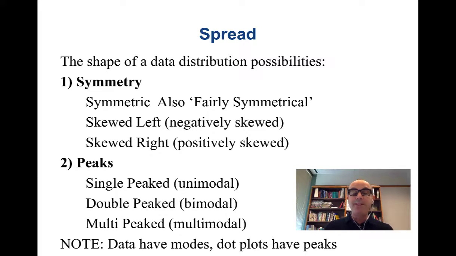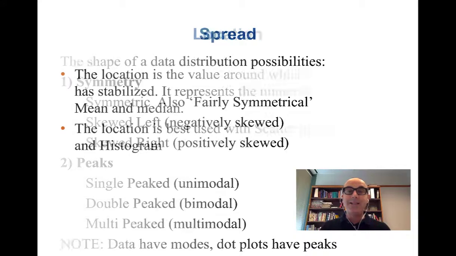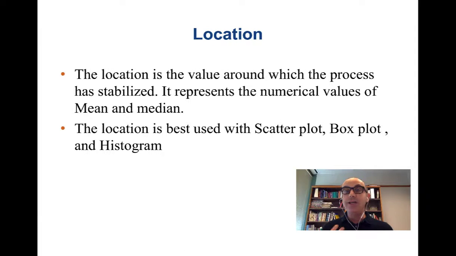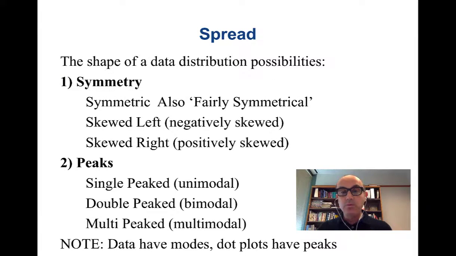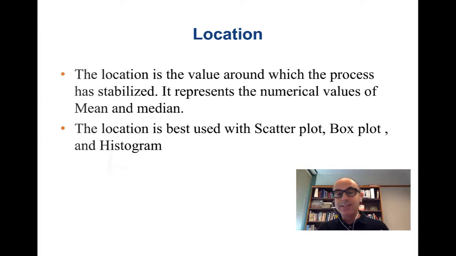The second type is the peak, where there's a single peak, double peak, and multiple peaks. And again, this is the idea of how we're going to apply that in visual analytics. Location is another one. As you just noted, I did not talk about symmetry because it seems to me it's trivial and does not tell us more.